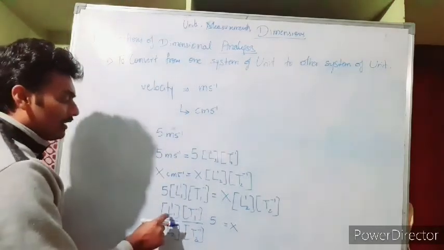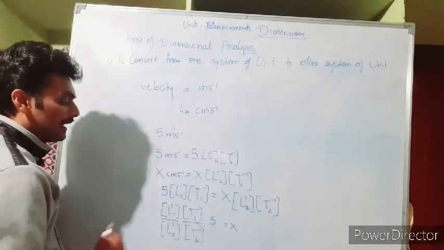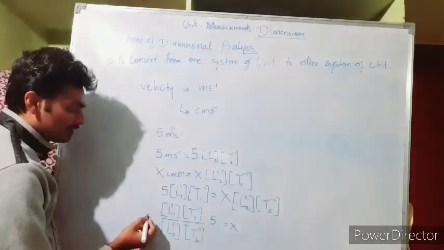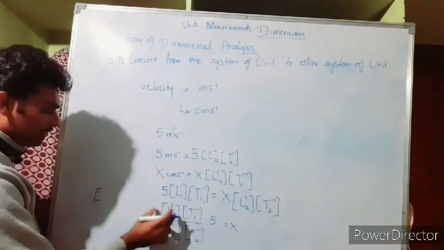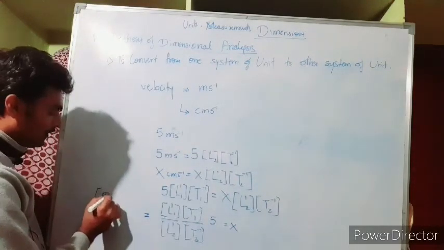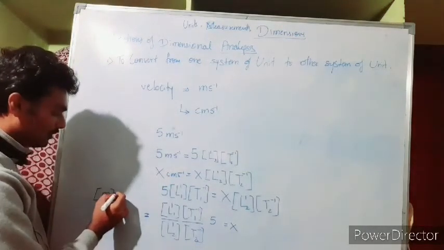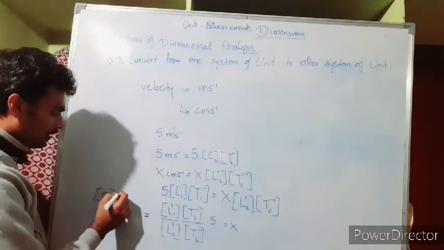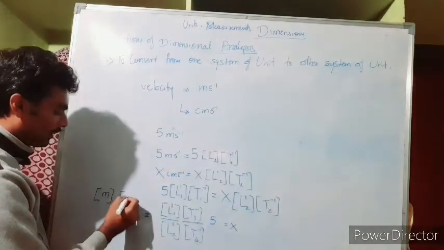So what is L1? L1 is the dimension of length in SI system, which is meter that we chose, right? So instead of L1, now I'll write meter. We could have directly done that, but we are making use of dimensions now. And T1 for time is seconds to the power minus 1.